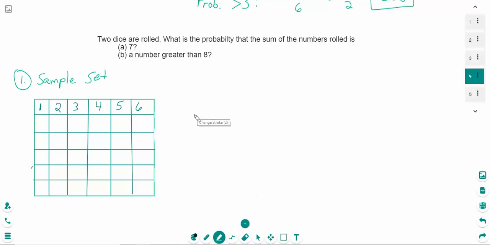And then for the other die, we also have the possibility of rolling a 1, a 2, a 3, a 4, a 5. Oh, I'm short. We're going to have to make one more row here. It's getting a little messy, but I think you'll be able to get the idea. A 5 and a 6.